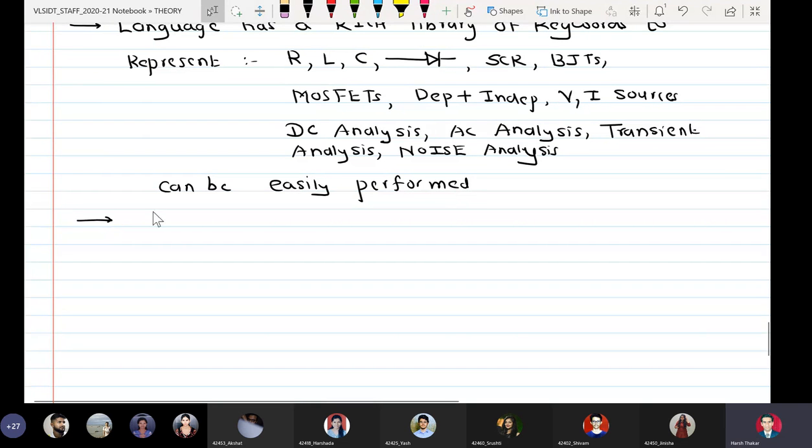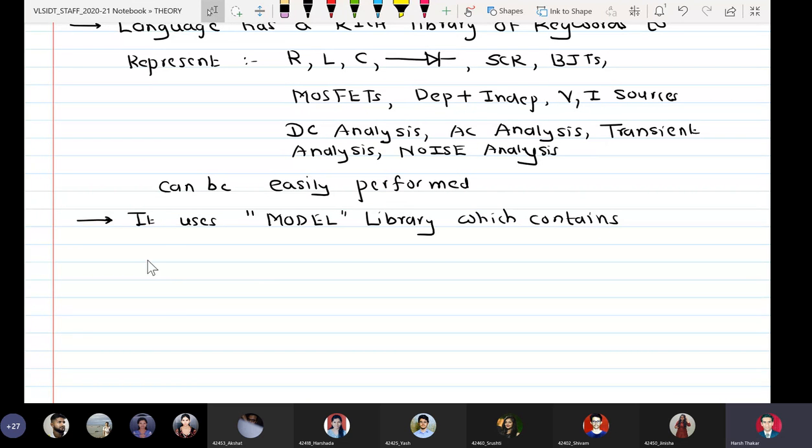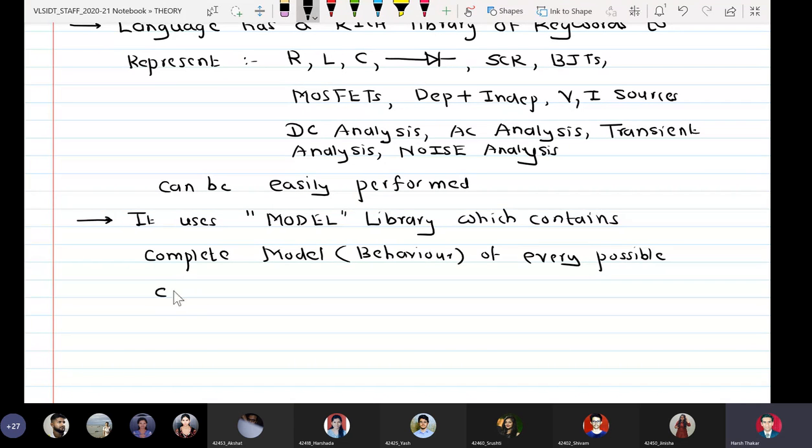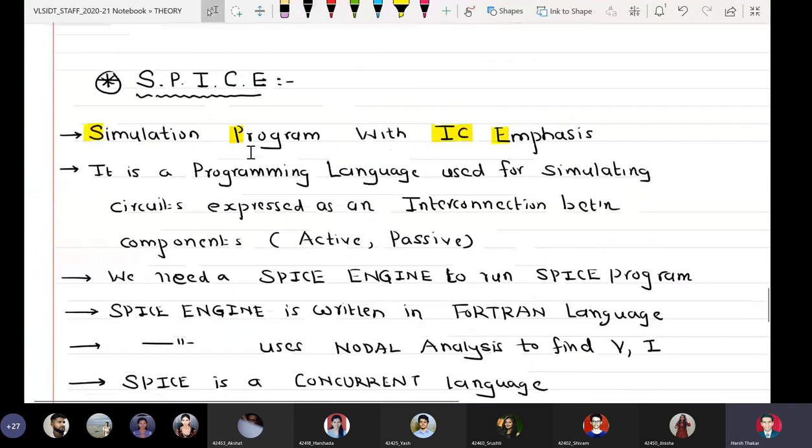Because it uses a model library which contains a complete model, that is behavior, of every possible component.